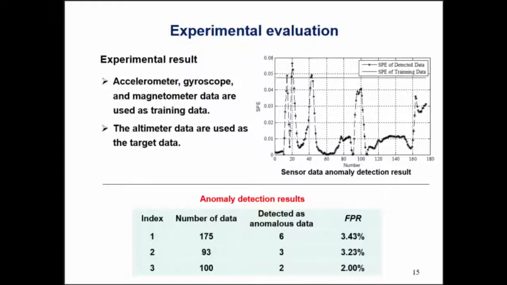In the right figure, you can see the SPE value, which we get using KPCA. If this value is larger than the threshold we got from the training data, it is labeled as anomalous data. And this table gives the three experimental results. We can see the FPR values are smaller than 5%, and in the domain of anomaly detection, it is a good result.